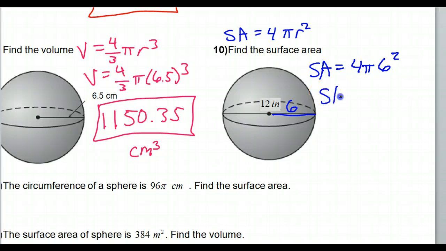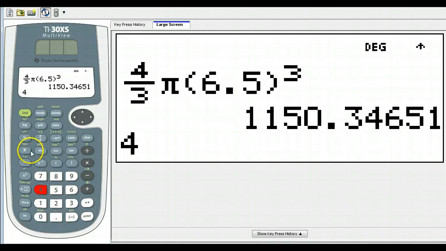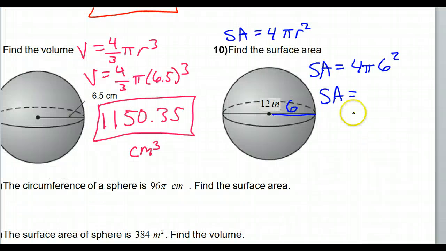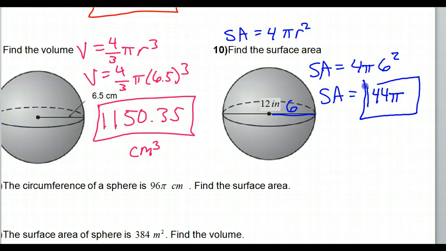Okay, so that means surface area. Let's see if we can get an exact answer this time. 4 pi 6 squared. I'm going to try typing all this in. 4 pi 6 squared. 144 pi. Okay, that is the exact answer for surface area.